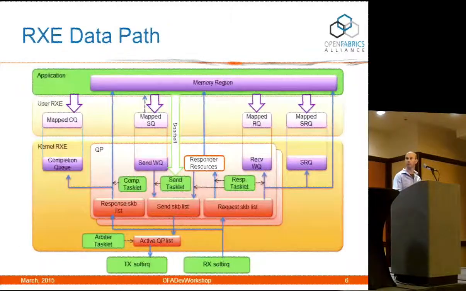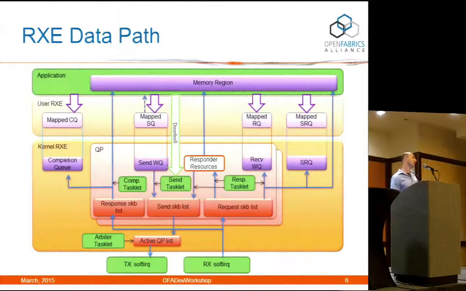I go here, right? And that's that green arrow, right? You fill out a work request in your send queue, and then you use that system call to initiate that send tasklet to start work. Now, in the common case, when you are hardware bound, the application is always going to have its work queue full.